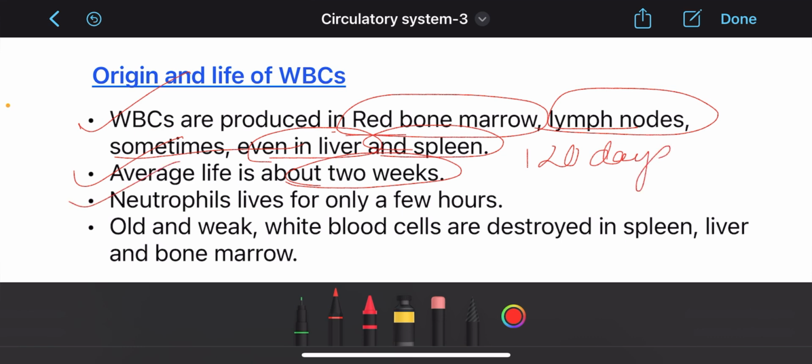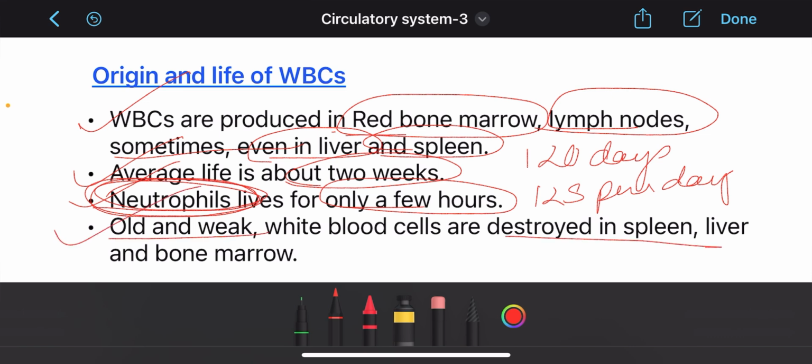Neutrophils live for only a few hours, therefore there are 125 neutrophils produced per day. And these neutrophils are termed as the soldiers of the body because they provide the defense mechanism against the disease causing germs. The old and weak white blood cells are destroyed in spleen, liver and bone marrow just like other blood cells.